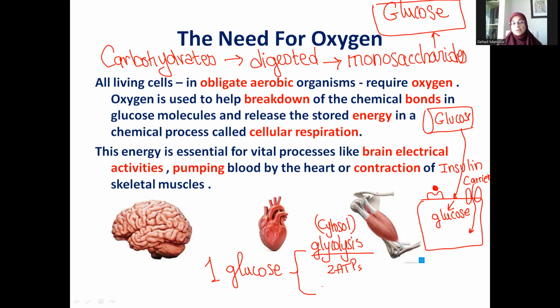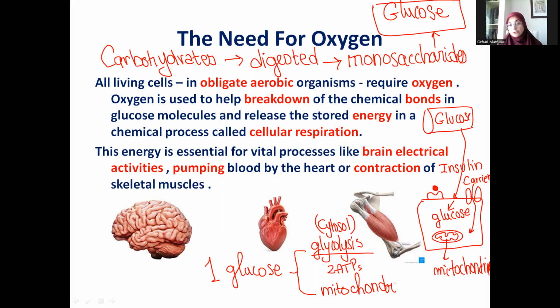But the rest of the ATP molecules, about 36 ATP molecules per glucose molecule, will be obtained only when glucose enters a double-membraned organelle inside the cell called the mitochondria, where all the enzymes for cellular respiration and breakdown of glucose are present.